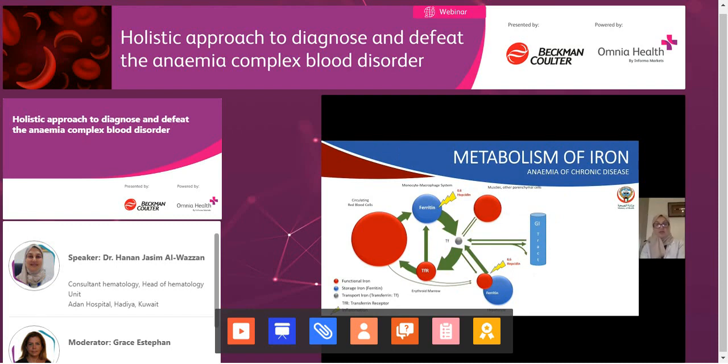In anemia of chronic disorders, there is increased expression of interleukin, and interleukin increases the expression of hepcidin. Hepcidin will decrease the absorption of iron from the enterocytes and the release of iron from the macrophages, resulting in functional iron deficiency.